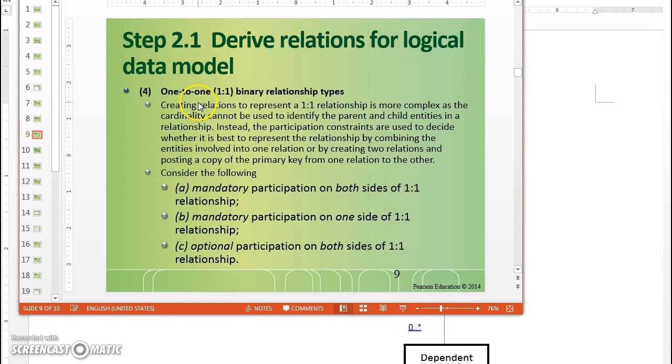Here it says if you have a one-to-one, then you create a relationship to represent it. It's complicated, but the first thing is you create relational tables for each entity. After that, you have three possibilities, A, B, C: mandatory participation on both sides, mandatory participation on one side, or optional participation on both sides.